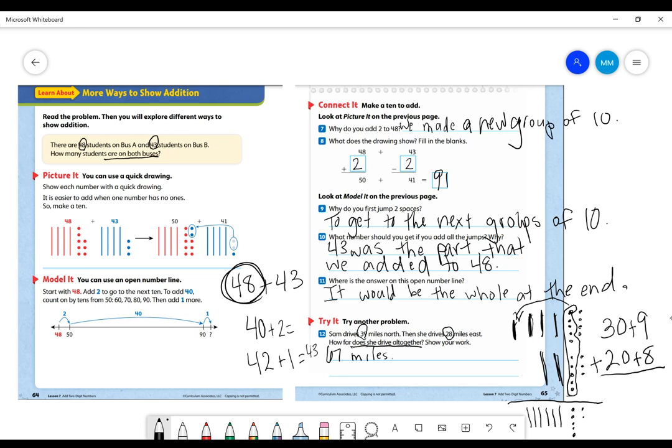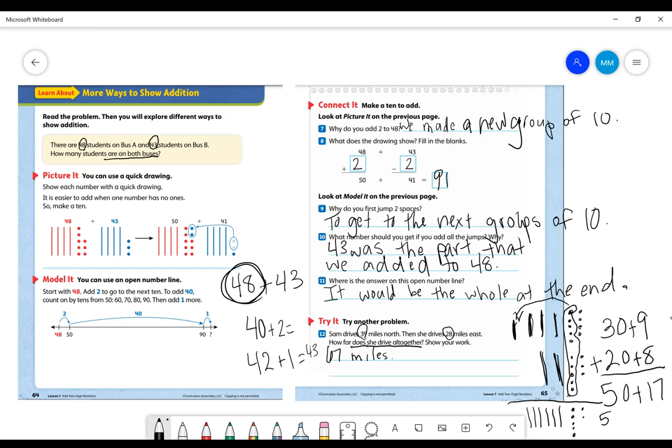So 9 plus 8 is, how many did we say we had in our picture? 17 ones. That's a big uh-oh, but we're going to keep going. So 30 plus 20, so that's 3 tens plus 2 tens would make 5 tens, which is the same as 50.